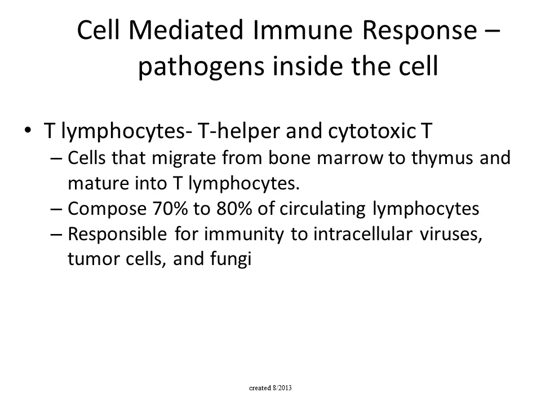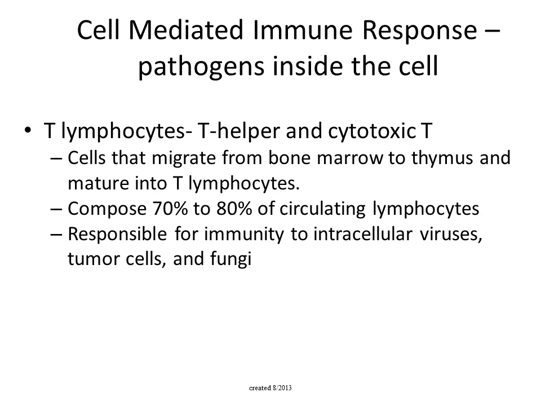Let's take a look at the cell-mediated immune response, when a pathogen makes its way inside the cell. We have the T lymphocytes, which again are produced in the marrow and mature in the thymus.